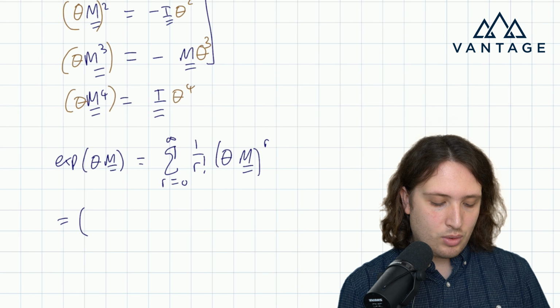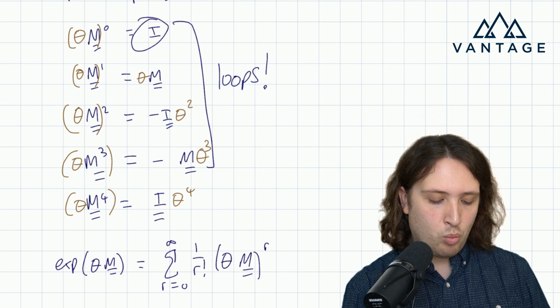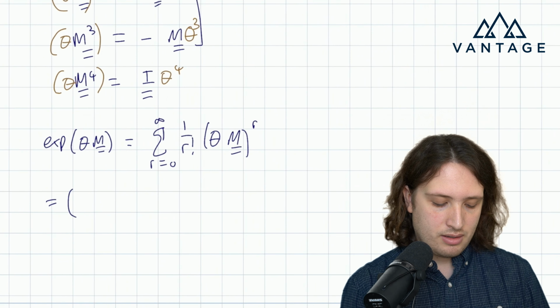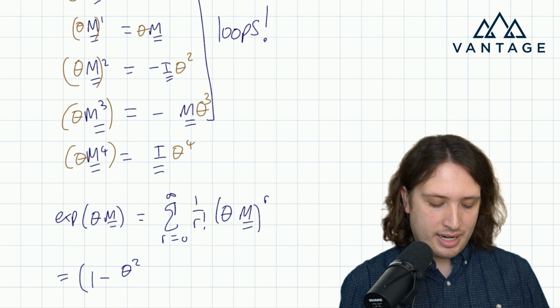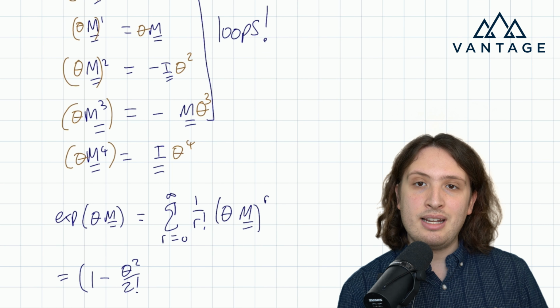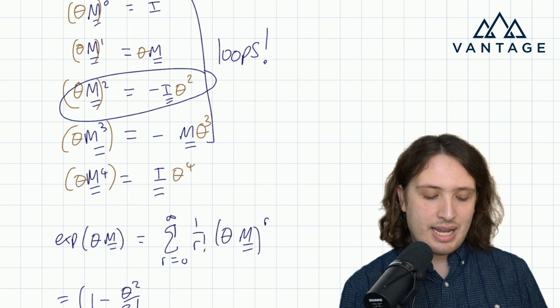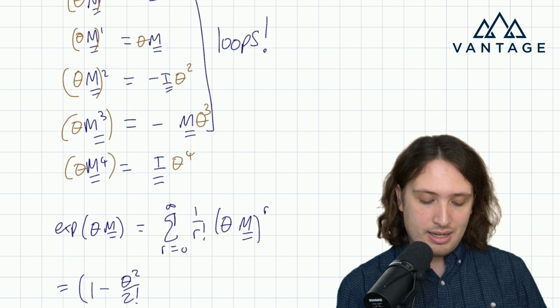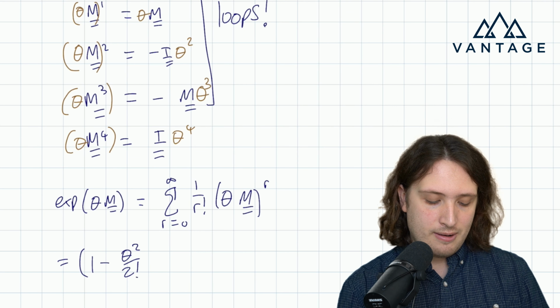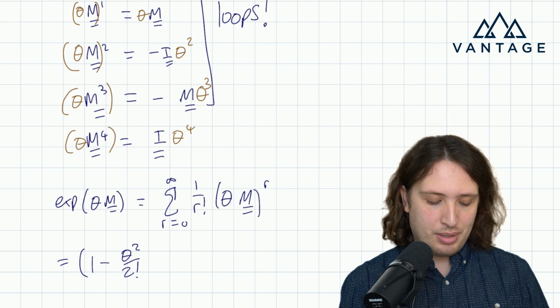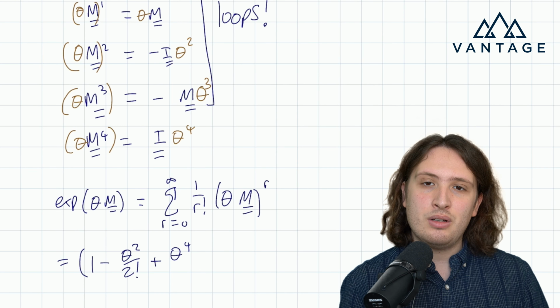Well, if I first of all collect the I bits, I've got one lot of I, minus theta squared over 2 factorial. So we have to put the factorial in, because of course what we've written here is just the power of the matrix bit, but in the definition there is also separately a division by a factorial. Then the next one I get is a plus with a theta to the 4.